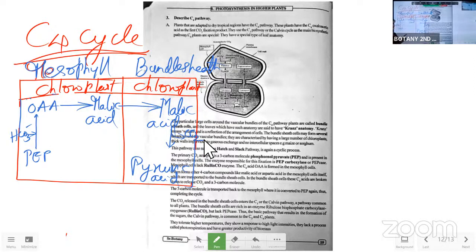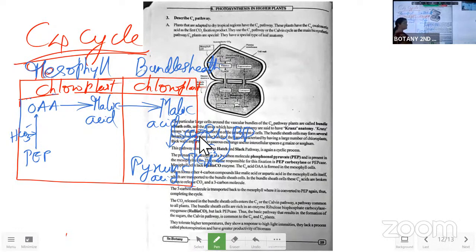Once decarboxylation occurs, the bundle sheath chloroplasts, which have a large amount of rubisco enzyme, take up this carbon dioxide with RuBP, ribulose 1,5-bisphosphate, and start the C3 cycle, converting it into the first stable compound, phosphoglyceric acid, and the cycle continues.